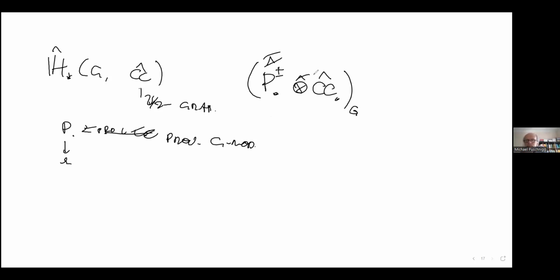Okay. Just a couple of remarks, ill-meant remarks. You write the symbol of the cross product with G, you put the G on the right.